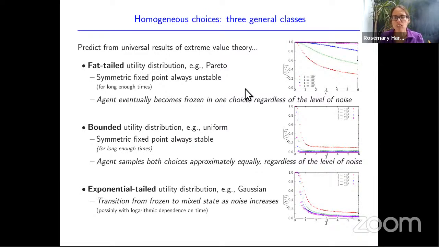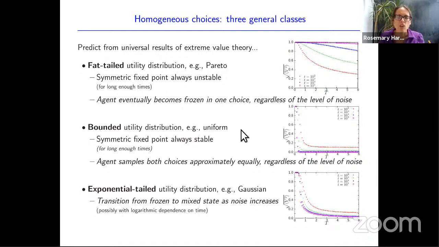That's what this simplified model predicts for a fat-tailed utility distribution. And simulations looking at the root mean square of the velocity in the real model bear this out: for large values of time, you end up with a variance of 1, so plus or minus 1.